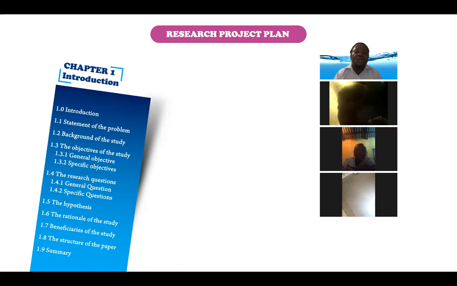So the summary should tell us what was discussed within this section and what conclusions were reached in this section. So it's a short paragraph that describes what was done in this section and what conclusions were reached in that same section.